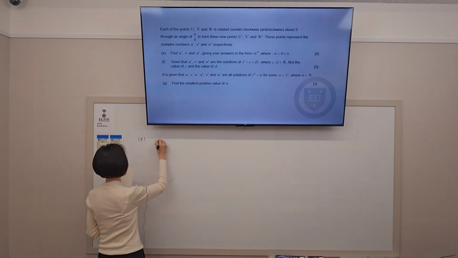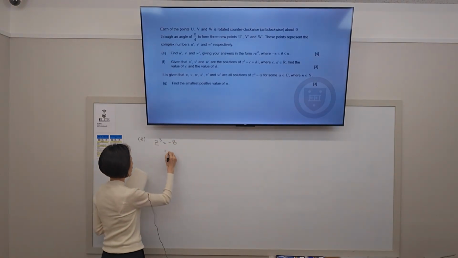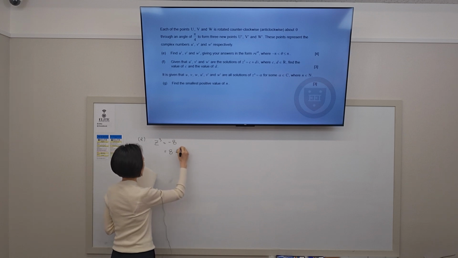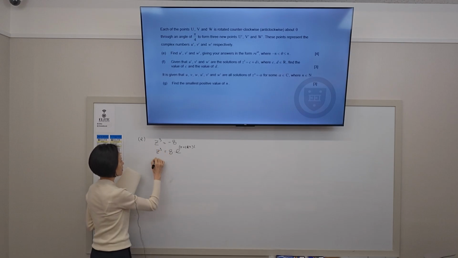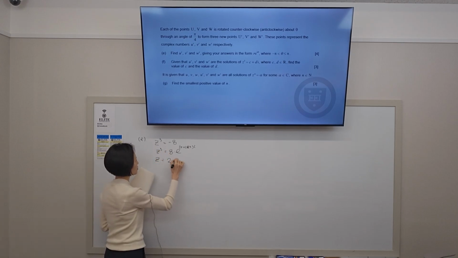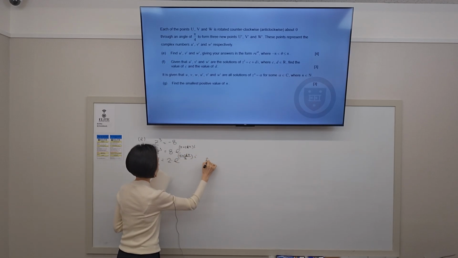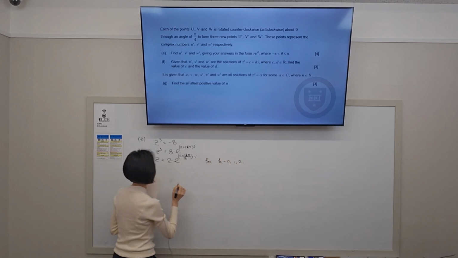Then z cubed is negative 8, and you can rewrite it as 8 times e to the i(pi plus 2k pi). So z is 2 times e to the i(pi plus 2k pi)/3 for k equal to 0, 1, 2.